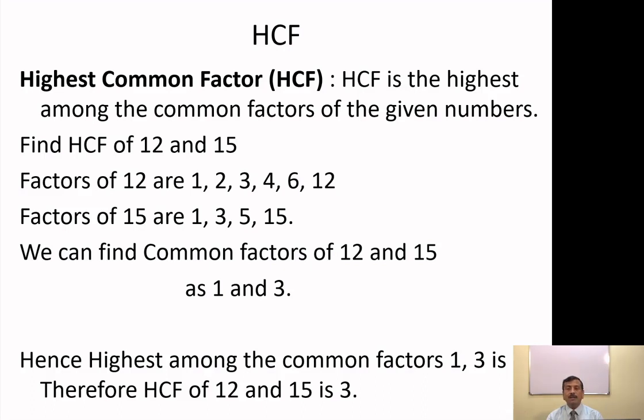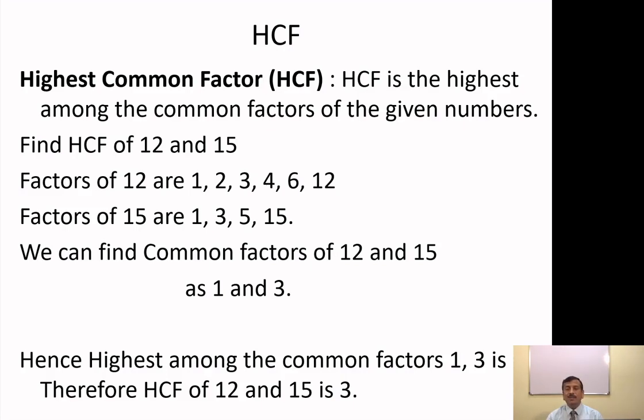Factors of 15: 15 is divisible by 1, 3, 5 and 15. If you look at the factors of 12 and 15, we can find that 1 and 3 happen to be the common factors. Hence the highest among the common factors 1 and 3 is 3. Therefore, HCF of 12 and 15 is 3.